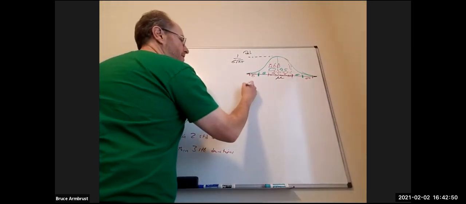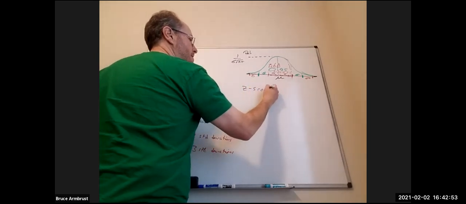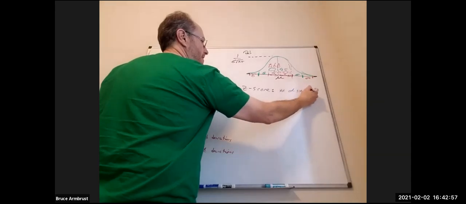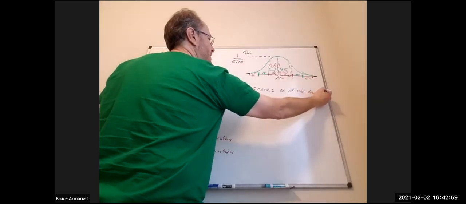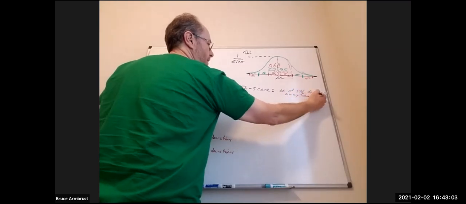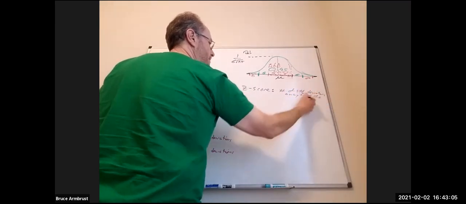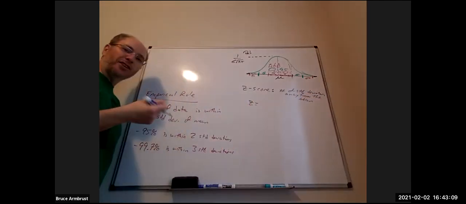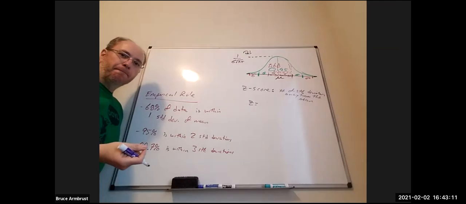Okay, so the z-score. Again, it's the number of standard deviations away. And when I say away, I mean away from the mean. And so it's actually a really easy thing to calculate.